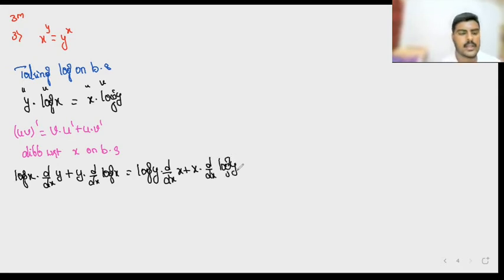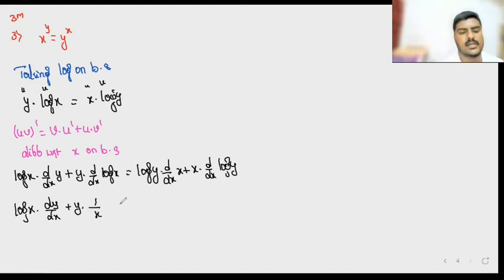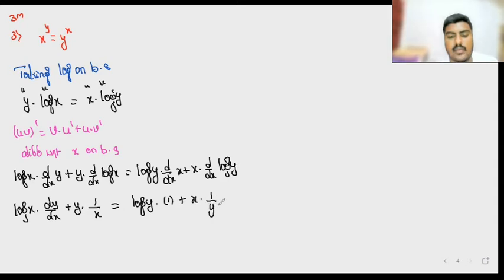Now observe: log x into d by dx y, that means dy by dx. All of you know this, dear students. So y into d by dx log x, that means 1 by x. Equal to log y into d by dx x, that means 1, plus x into d by dx log y, that means 1 by y into dy by dx.